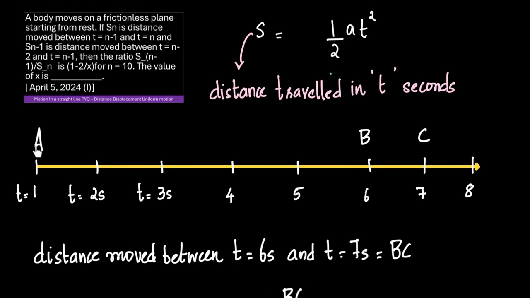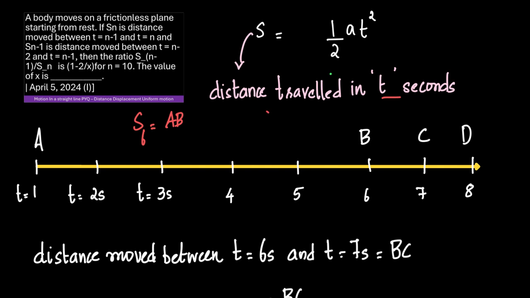Say the object is traveling from A to D here. Let us say that S is equal to half at square represents the distance traveled in t seconds, and S6 represents the distance traveled in 6 seconds, which is AB.